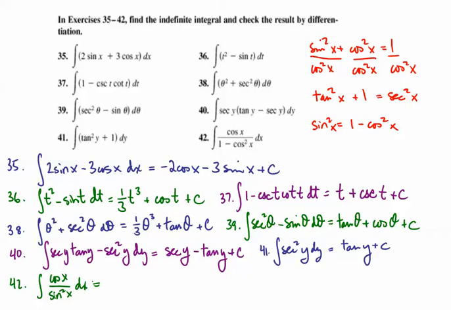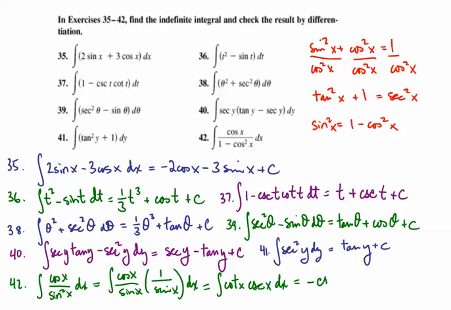Now that alone doesn't really help us, but if we were to split that up and do something like cosine x over sine x times 1 over sine x dx, then we would get the integral of cotangent x cosecant x dx, and which function has a derivative of cosecant cotangent? Well, actually the derivative of cosecant is negative cosecant cotangent, so this would be negative cosecant x plus c.